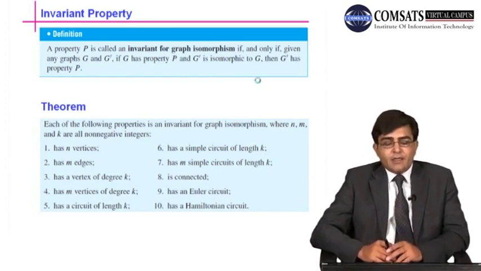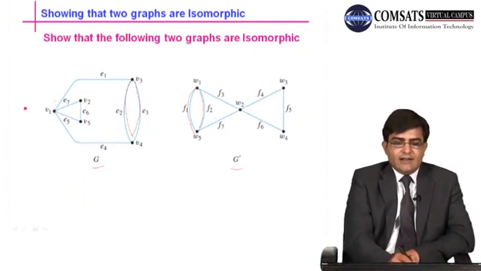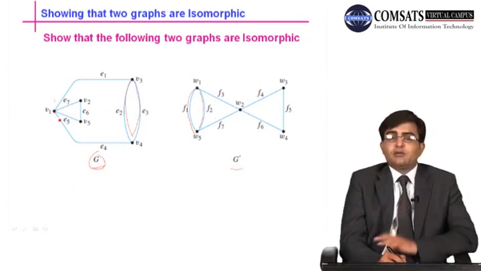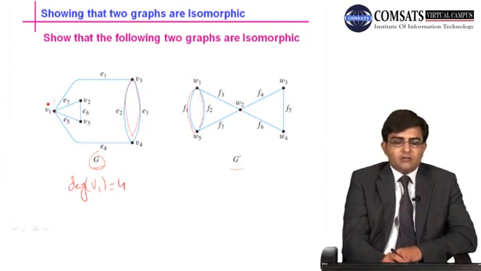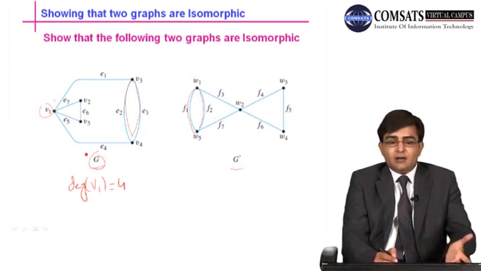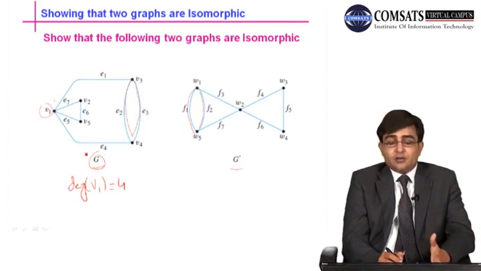For example, in these two graphs we can check that there is a vertex in the graph G whose degree is 4. For example, V1 has degree 4. So there is only one vertex in graph G whose degree is 4. This is a property of this graph. Now we have shown here that there is a one-to-one correspondence between these two graphs, that is, these two graphs are isomorphic.